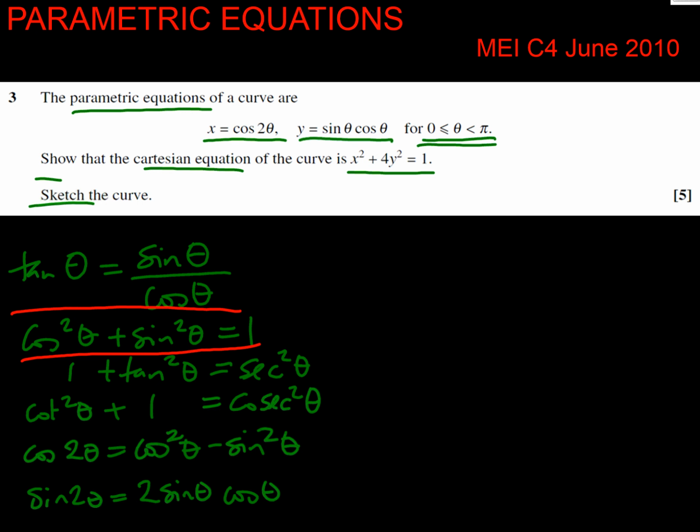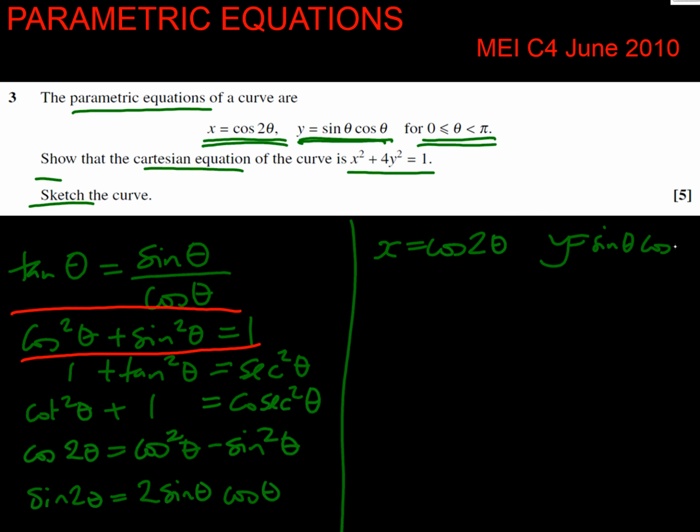And what we've got to do for each of these problems is try and find an arrangement, rearranging these two equations. So here I've got x equals cos 2 theta on this occasion, and y equals sine theta cos theta. And what we're going to try and do is convert those into trig ratios, and quite often we'll try and get to a single trig ratio that we can use to effectively substitute back through.